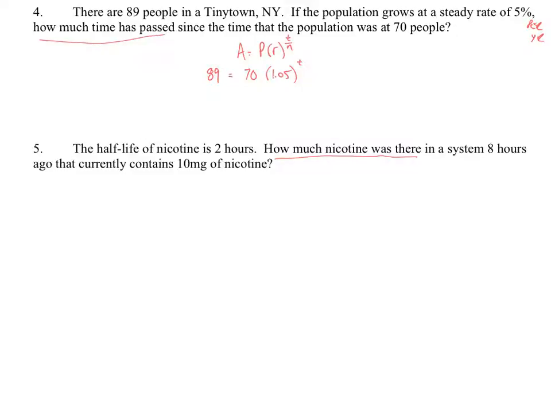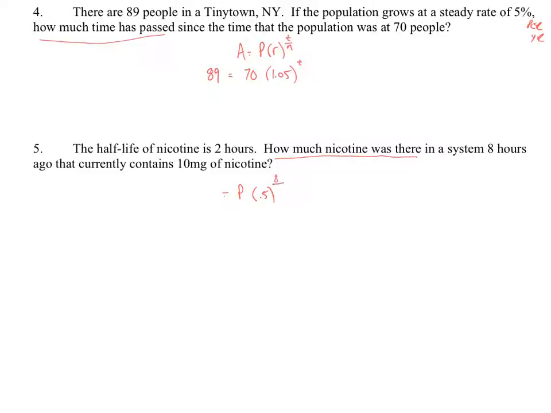In problem 5, it's telling us that the half-life of nicotine is 2 hours. So if we have half-life, we already know that our rate is 0.5. Again, we don't have anything compounded. We're not dealing with any compounded interest. So 0.5 is our rate. We want to know how much there was in the system, so we don't know P. 8 hours ago, so time is 8.